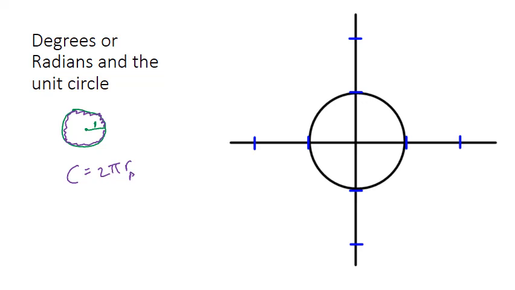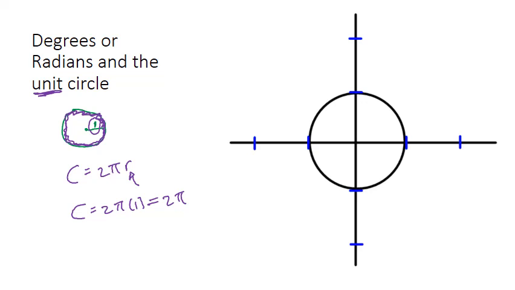But remember, we know what the radius is because we're dealing with a unit circle. The radius is 1. So in other words, the circumference of this circle is 2 times pi times 1. In other words, 2 pi. So the full distance around this circle is going to be 2 pi. We'll describe that as 2 pi radians.